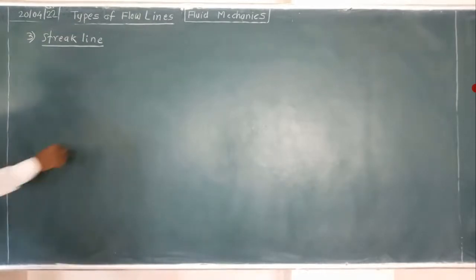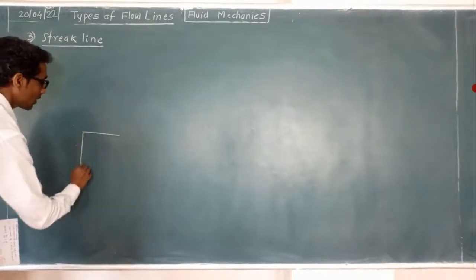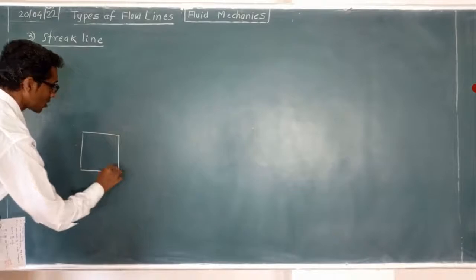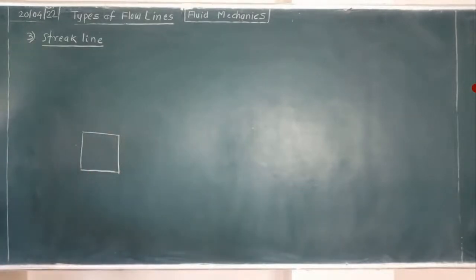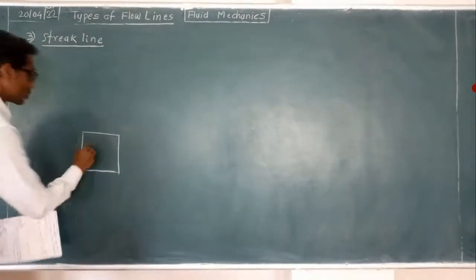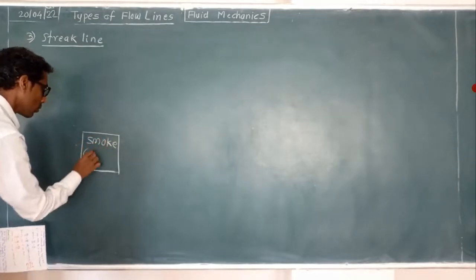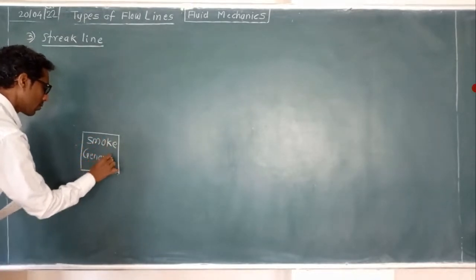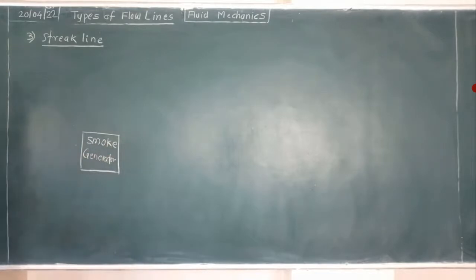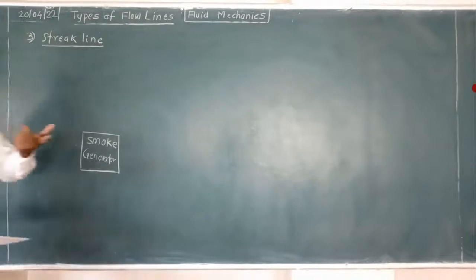So suppose here we have taken a smoke generator. Smoke generator means a small tank in which smoke is generated. Why smoke? Because we need to picturize, means we need some color. Smoke is black.